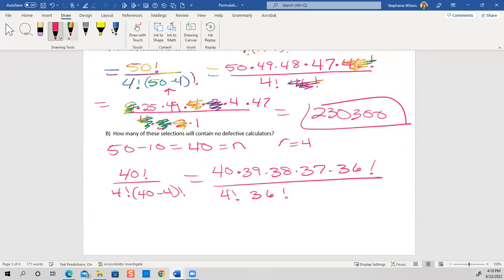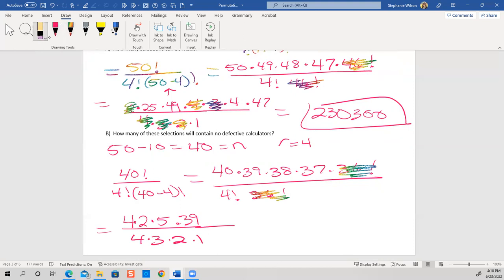And I'm going to reduce those two. And this next one, I'm going to rewrite. I'm going to put 4 times 3 times 2 times 1. So for 40, I got 4 times 10, which 10 is 2 times 5, times 39, 38.